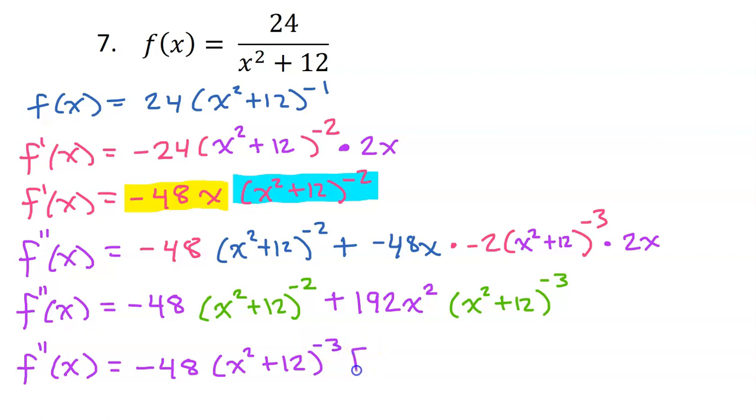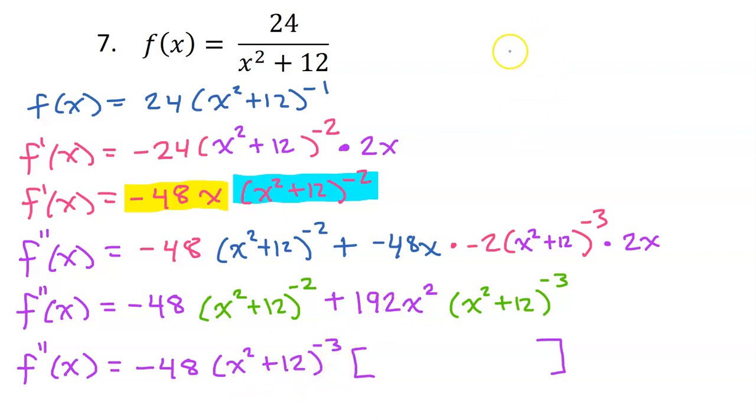And then I have to decide what will be left inside the parentheses. Remember, when you factor something out, you divide to figure out what goes on the inside. So that's why negative 48 divided by negative 48 is 1, so we put nothing. But when it comes to the x squared plus 12, we're dividing x squared plus 12 to the negative 2 power by x squared plus 12 to the negative 3 power.